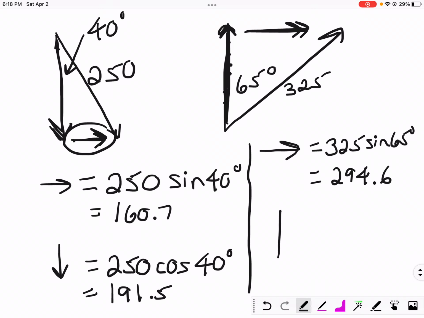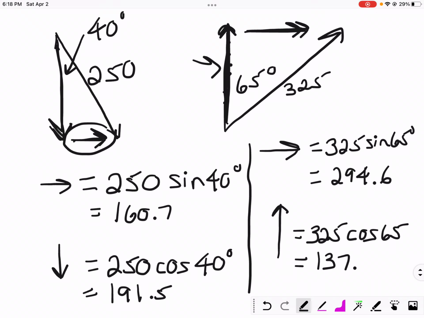The one that's going up, that's the side right there, that's the adjacent side, so it's equal to 325 times the cosine of 65, which is 137.4.